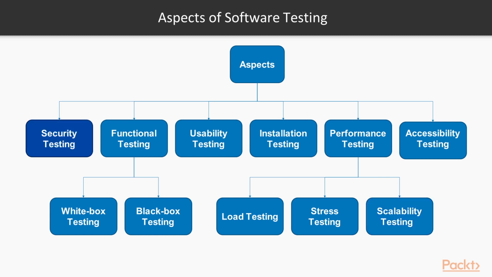After that, we have security testing, then usability testing. Next is installation testing, and finally, accessibility testing. These are various other types of software testing, which involve different approaches and are invoked at various phases of software development, such as regression testing, acceptance testing, alpha or beta testing, and so on.